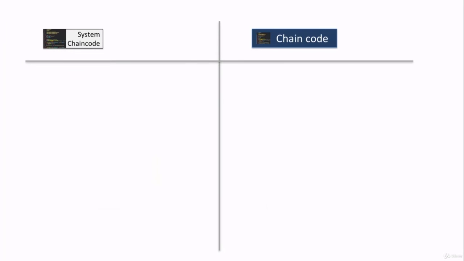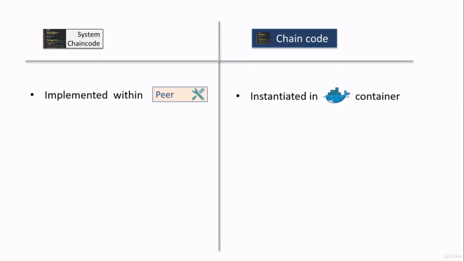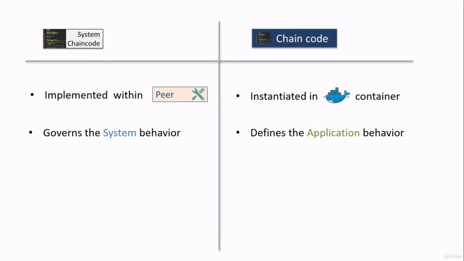Let's carry out a side-by-side comparison of system chain code and the application chain code. The system chain code is implemented within the peer process. On the other hand, the application chain code is instantiated in the Docker container that is launched by the peer. System chain code governs the system behavior, whereas the application chain code defines the application behavior.